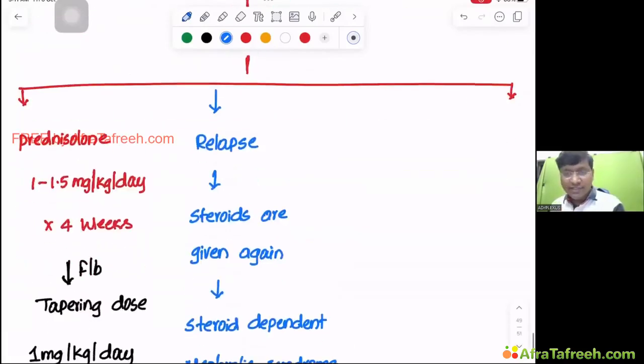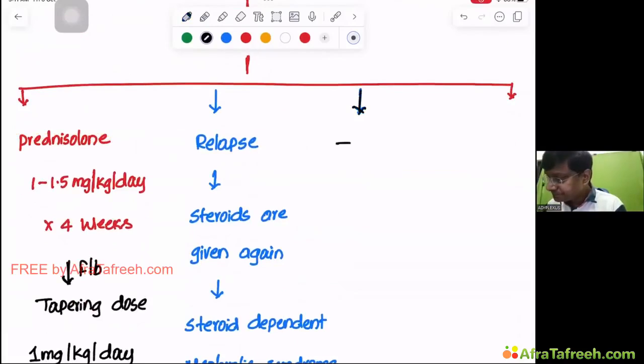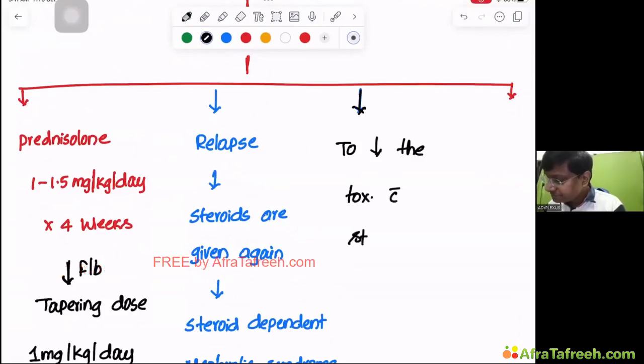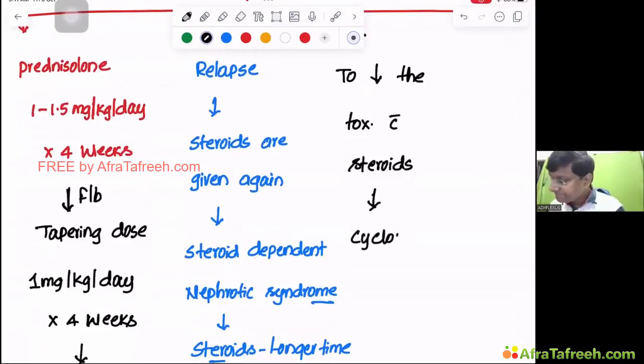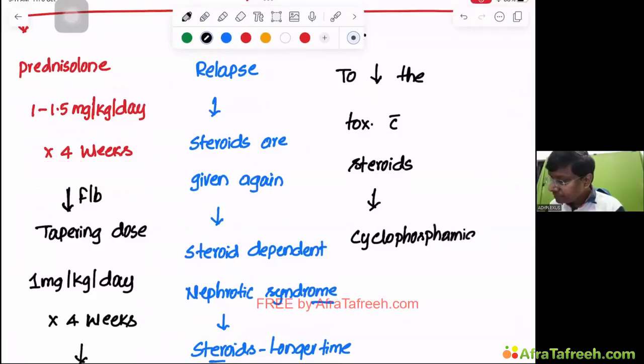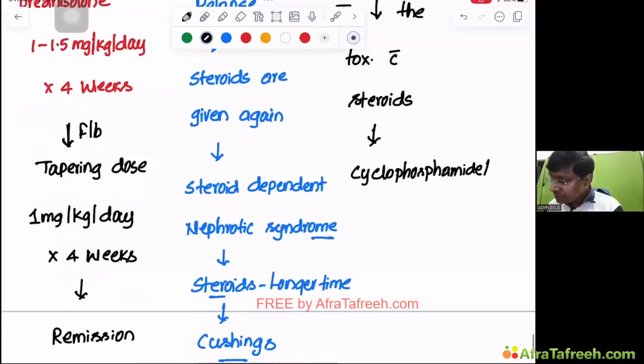So in order to avoid this, to reduce the toxicity with steroids, what are the alternative immunosuppressive agents that we need to use? The alternative immunosuppressive agents that we need to use are cyclophosphamide, or we need to give levamisole.